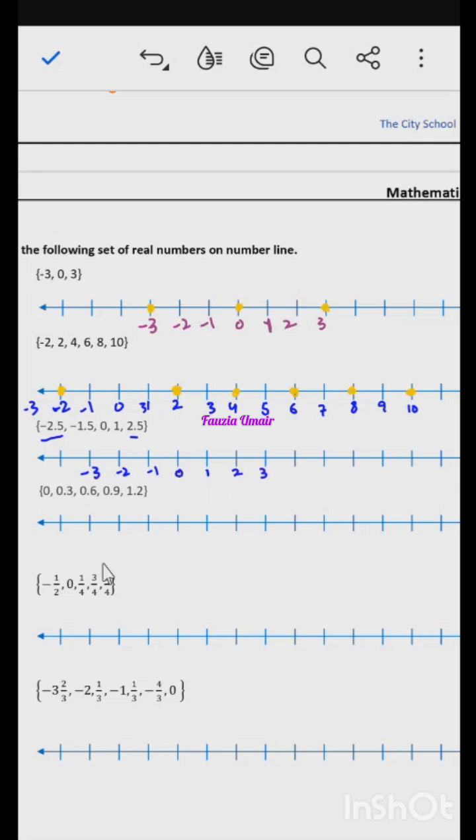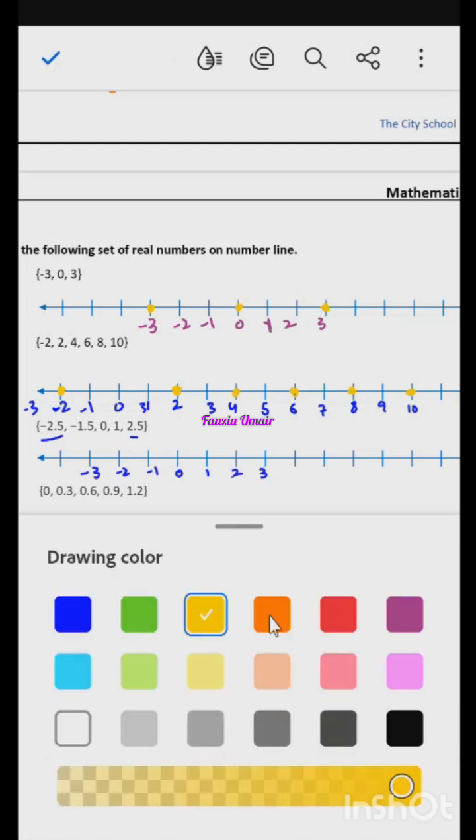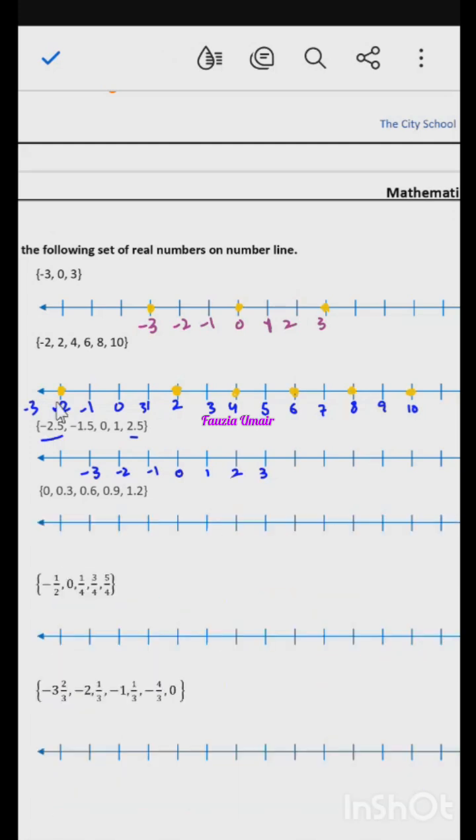So I have labeled all of them. Now I will mark the positions. I'm changing the color so that you can see also. I need to mark minus 2.5, so between minus 2 and minus 3, this is minus 2.5, right? Then minus 1.5 will be between minus 1 and minus 2.